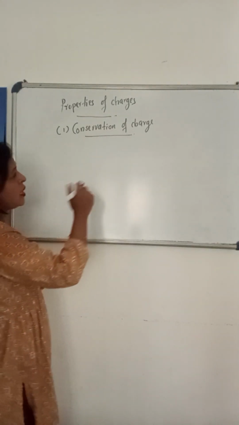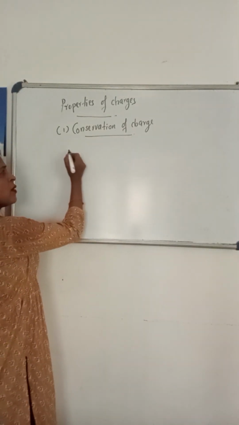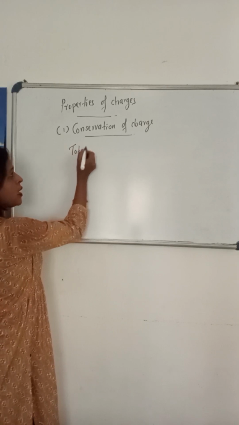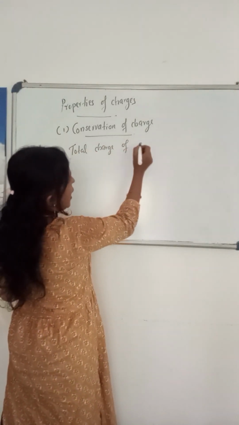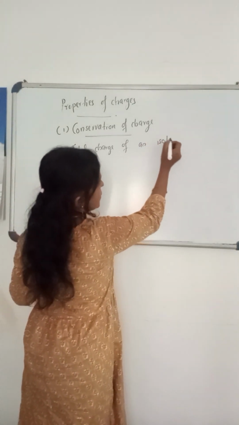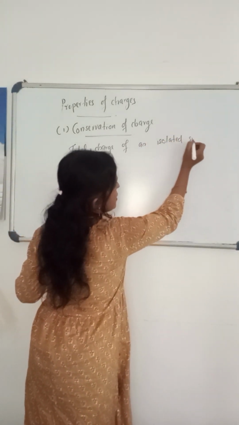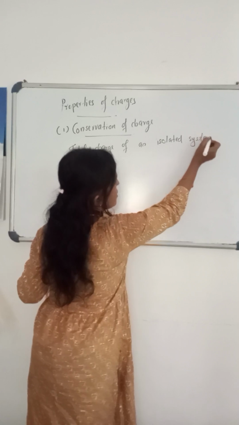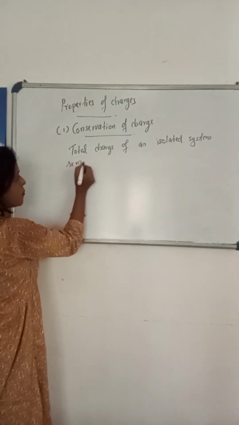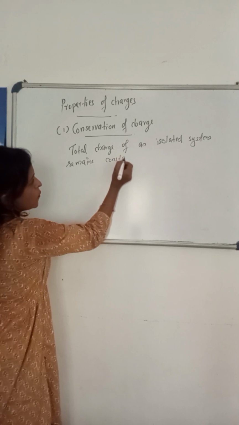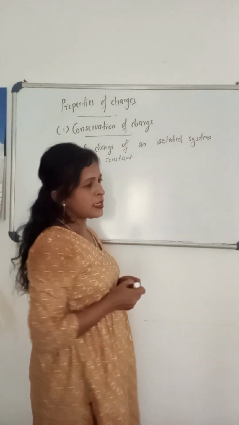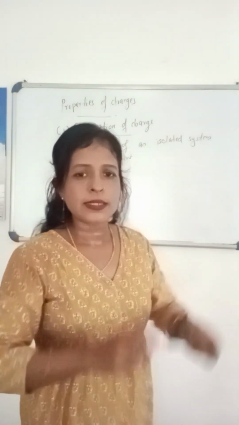Another definition of conservation of charge: the total charge of an isolated system remains constant. What is the meaning of an isolated system? The system which is not touching any other system.